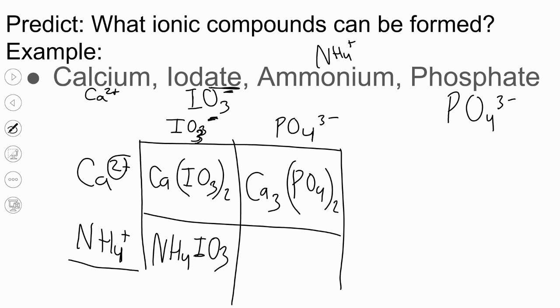So there's 1 iodate and that's 1 negative, but there's calcium and there's 2 of the positive charges. So to make it so that there's 2 negative charges, we do a subscript. I can draw on the board. Do you want to draw? Yeah, come on, show us. Is this enough space so I can write on the whiteboard?